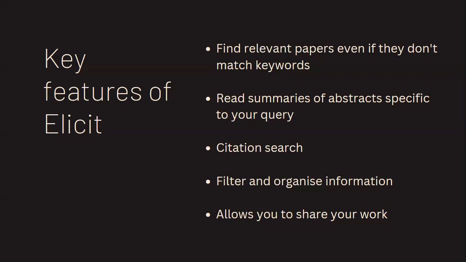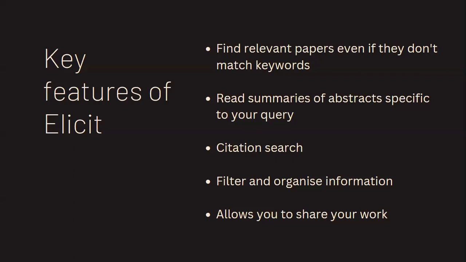It can also help you do a citation search if you've done literature searches before. One of the ways of doing a literature search is citation, where you can start with a specific paper and look at the sources it consulted.